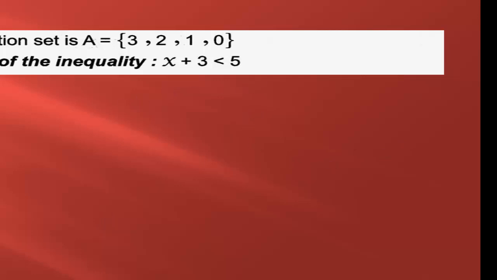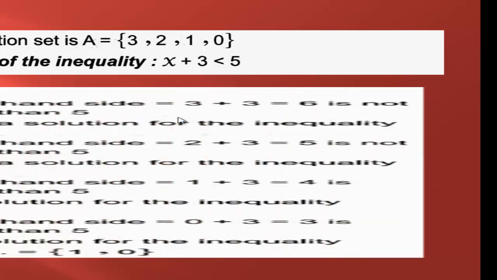We talked about this question in the last lesson, how we can find this solution set by substitution, meaning a set of numbers. Try writing 3 plus 3 and we will see if it is less than 5 or not. At x equals 3, the left hand side 3 plus 3 equals 6, so 6 is not smaller than 5. Okay, 3 is not a solution for the inequality.